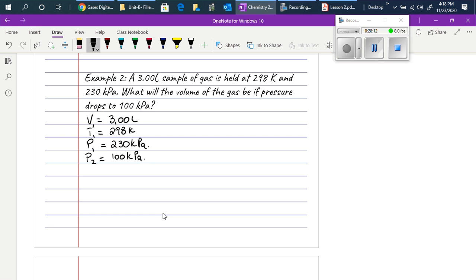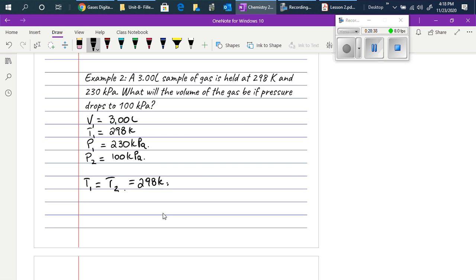Since the temperature in the second situation is not mentioned, the assumption that we make here is that the temperature is the same, so T1 and T2 are the same at 298 Kelvin. So when it is not mentioned, then you state that the temperature is the same.